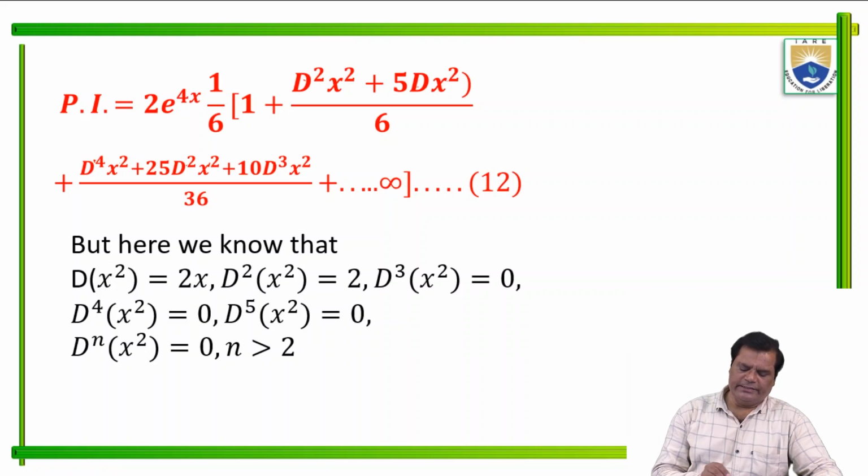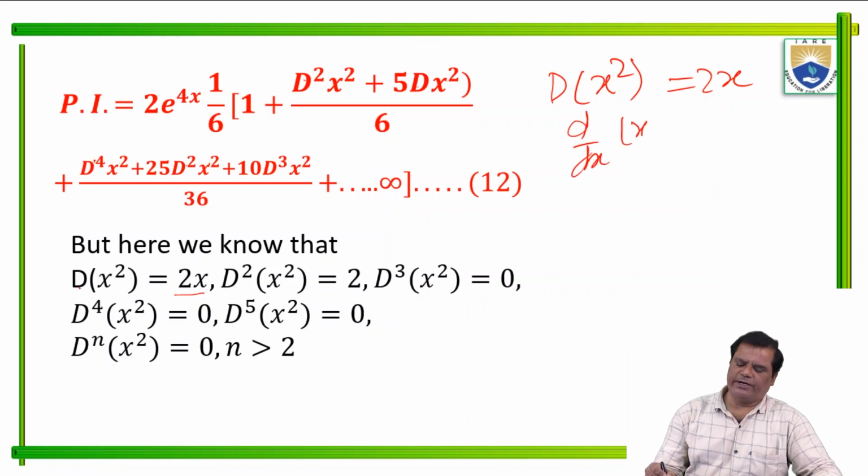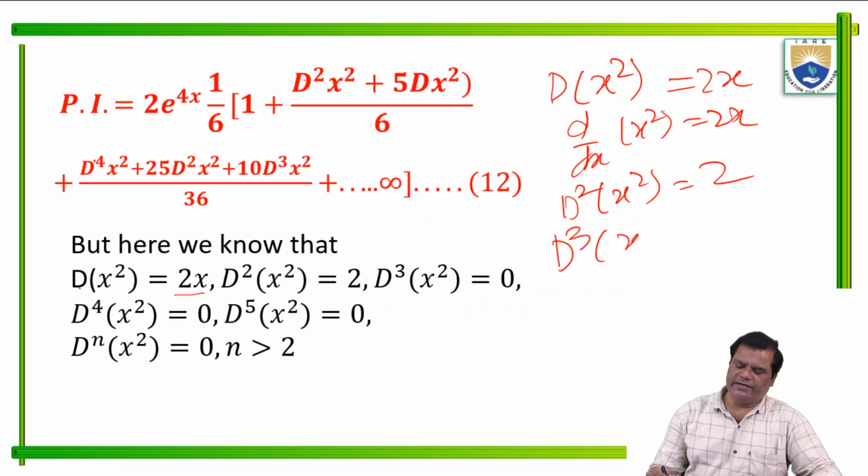But here we know that D x² is 2x. One time differential of x² is 2x, meaning d/dx of x² is 2x. And D² x², two time differential of this, is 2. For three time differential of x², the order is greater than the power of the variable, so this result is 0.